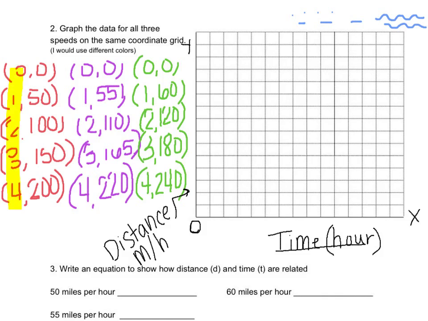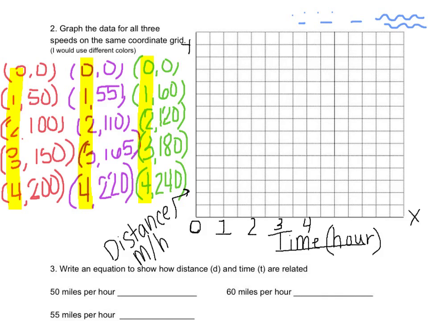So 0 through 4 in all of these columns. So we don't have to count very high. So to give myself a little bit more space, I'm going to skip and say that that's 1, 2, 3, and 4. And I still didn't even use all the space I had.